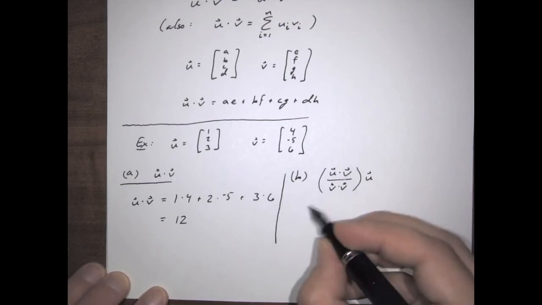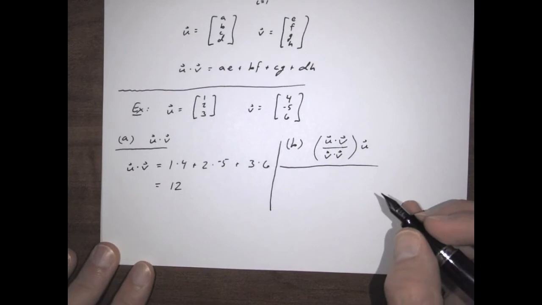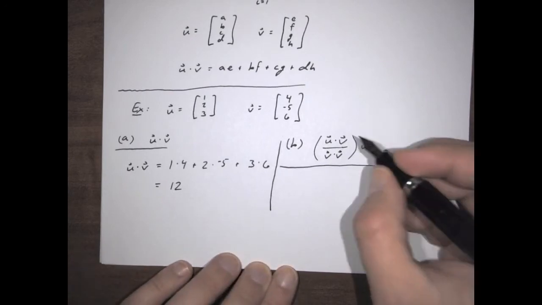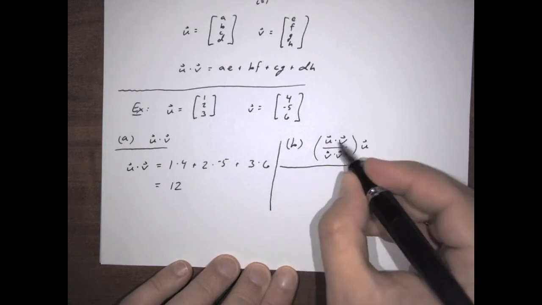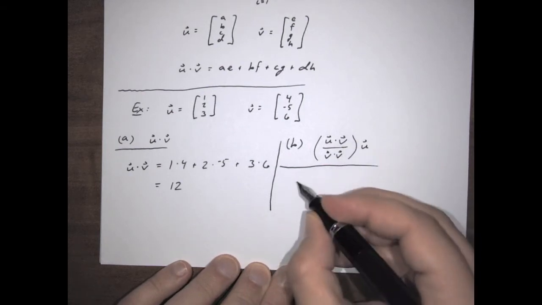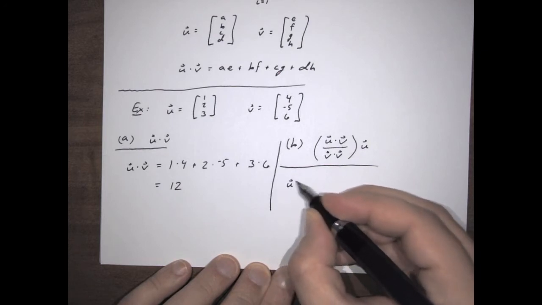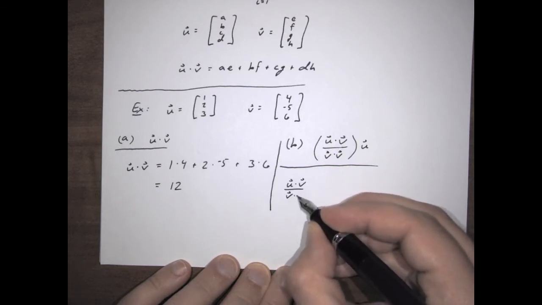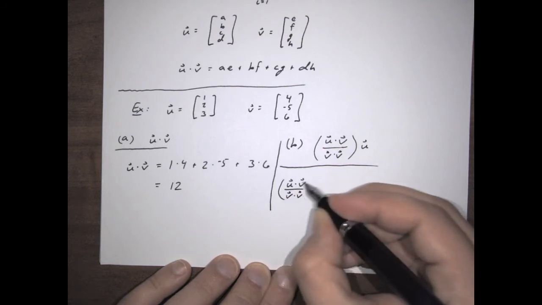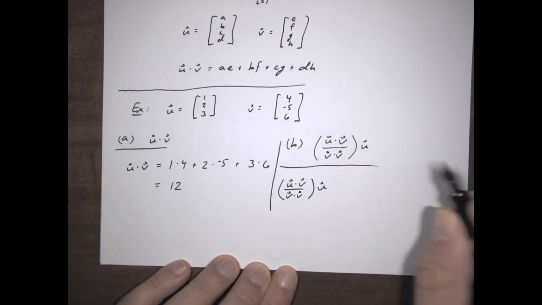So this is a kind of calculation that comes up with some regularity, and here we can evaluate this and see what we get. Basically, just do it piece by piece, the same way you would evaluate any other complicated piece of mathematical notation. So I'm just rewriting it here. I'm also strategizing. I'm just going to do the first dot product on the top, the second dot product on the bottom, and that's all going to be times u.